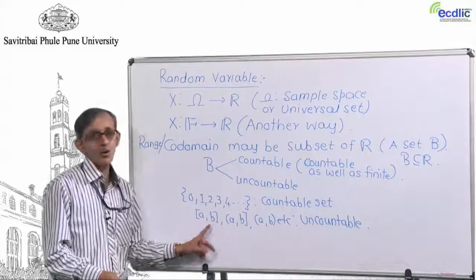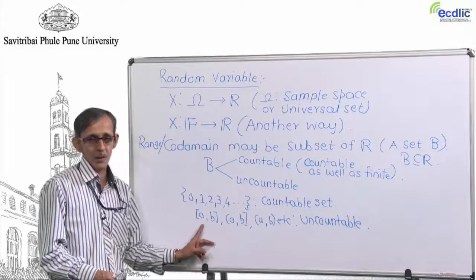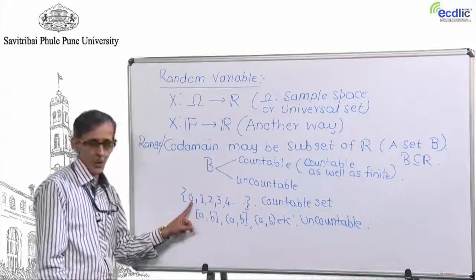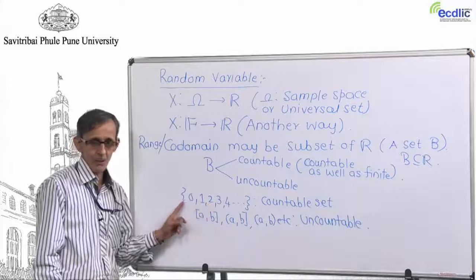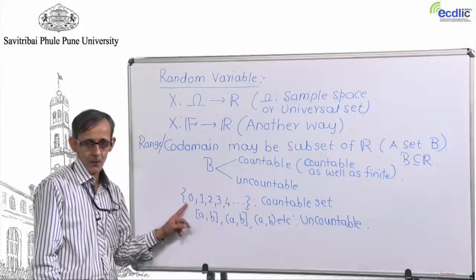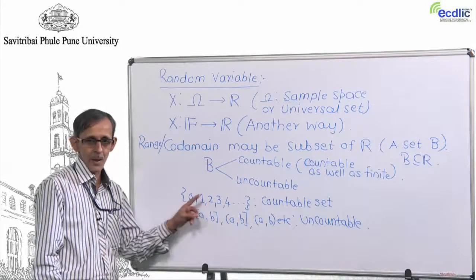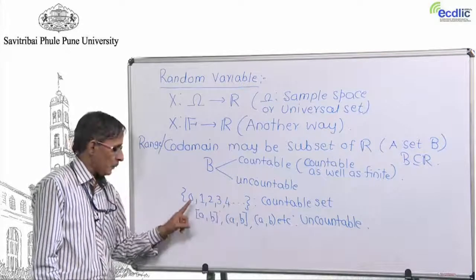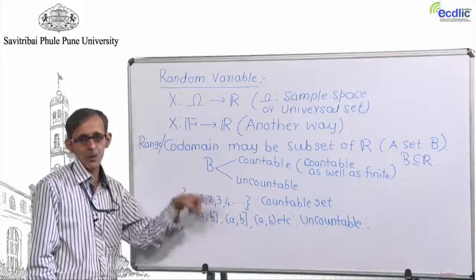We cannot count the number of points or number of reals in an interval. Whereas here you can start: this is number 1, this is number 2, number 3. The simplest function here is f of n equals n plus 1. That is, the first term is 0, 0 plus 1 is 1, 1 plus 1 is 2, 2 plus 1 is 3.